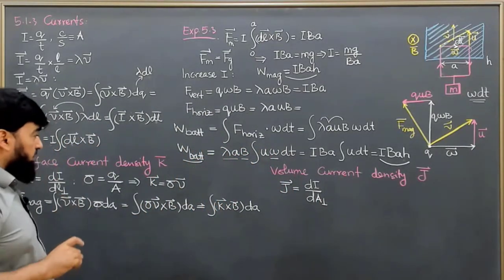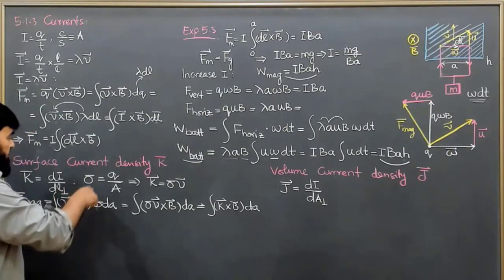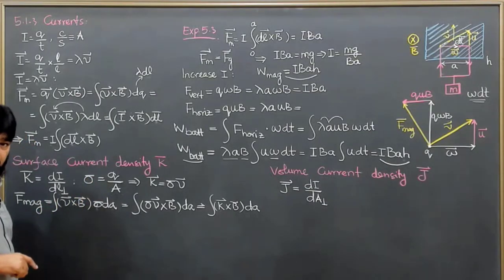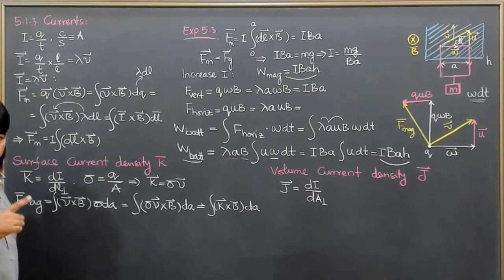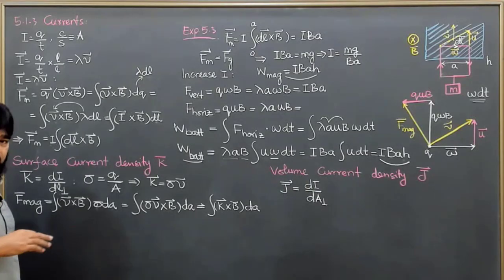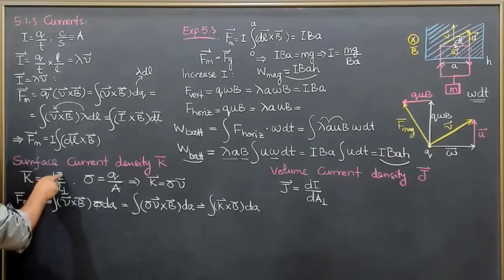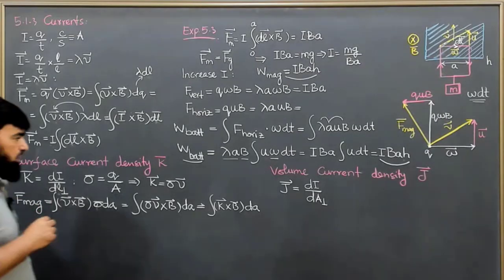Now, if you remember the electrostatic situation, we were writing sigma as charge per unit area, and the charge per unit length is lambda. So we are writing it in the same manner, but when it comes to current, the current is dI over dl, but this dl is perpendicular, the cross-sectional.